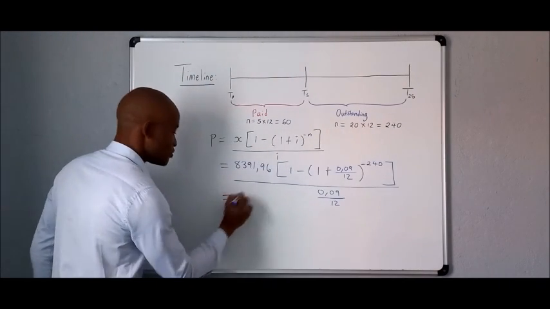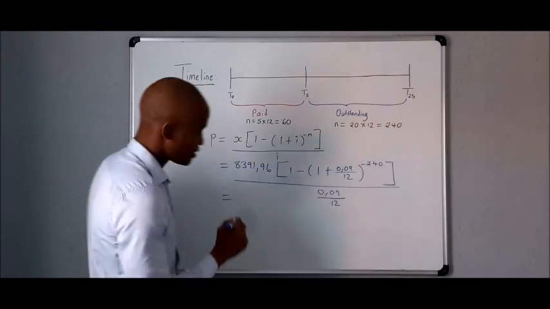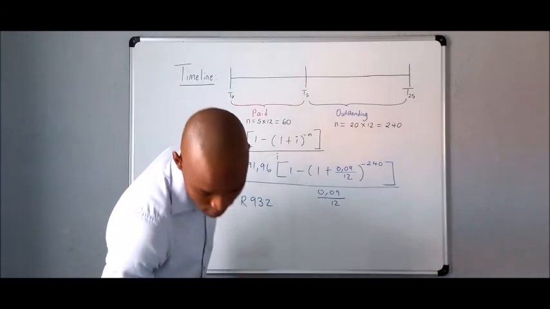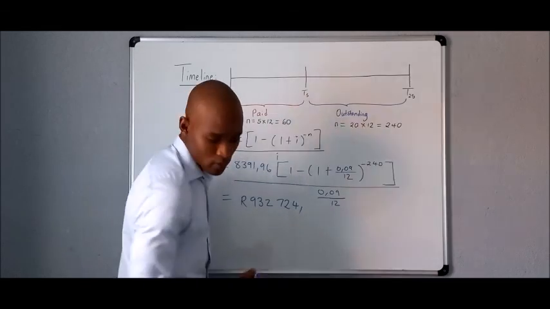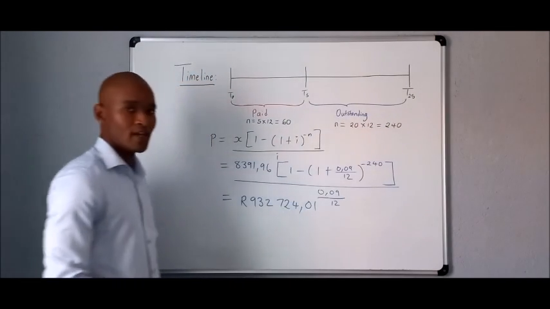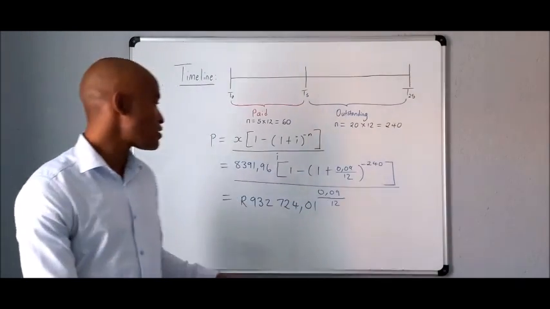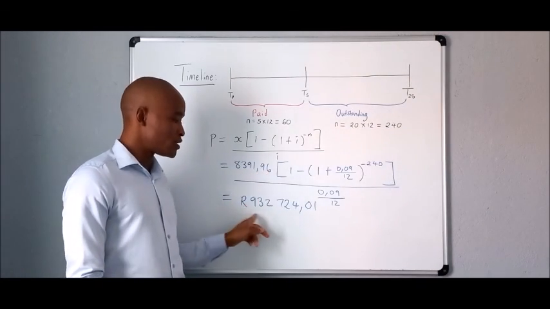If you put this in your calculator, you arrive at 932,724 rands and 1 cent. So this person, after 5 years of paying 8,391 rands and 96 cents, still owes this much.